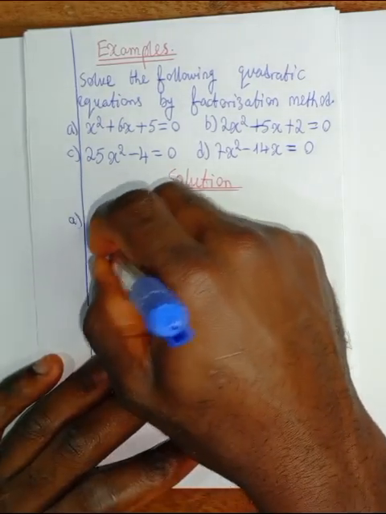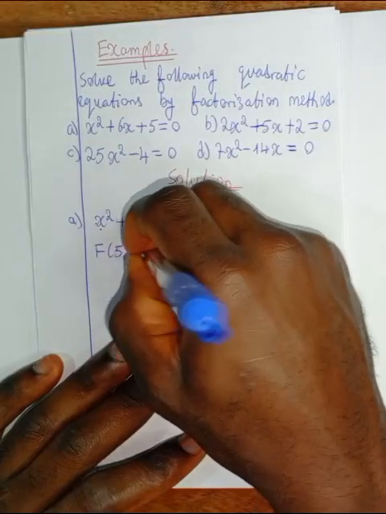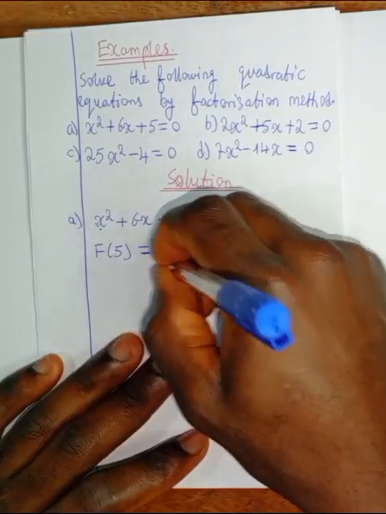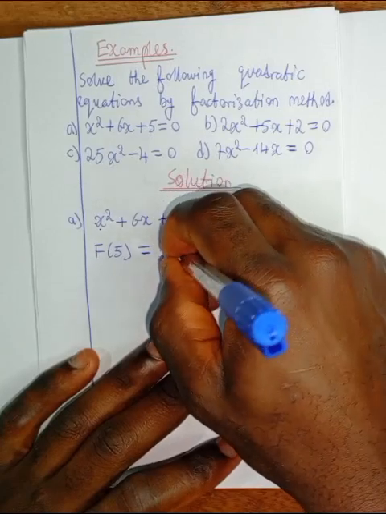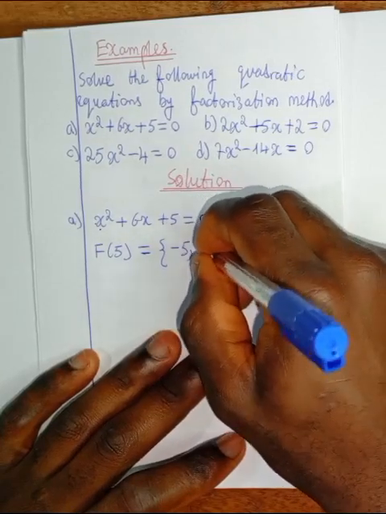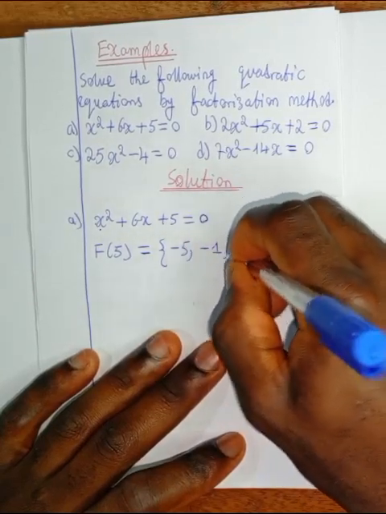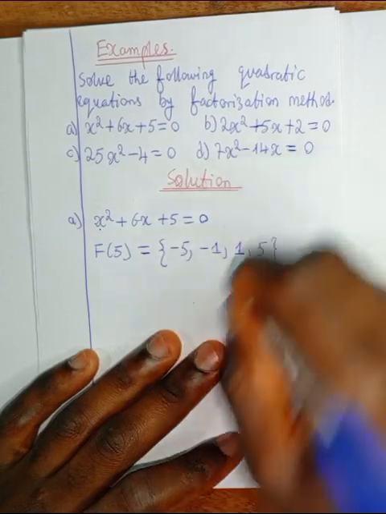We write out the factors of 5, both the negative and positive factors of 5. First, we have negative 5, followed by negative 1, next 1, and lastly 5.